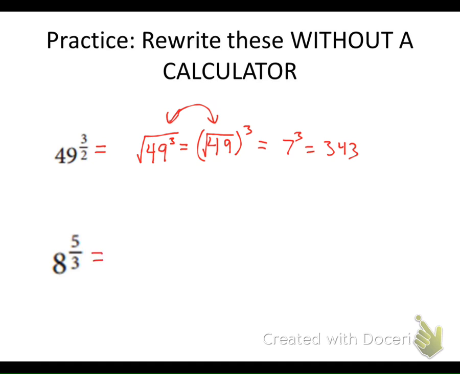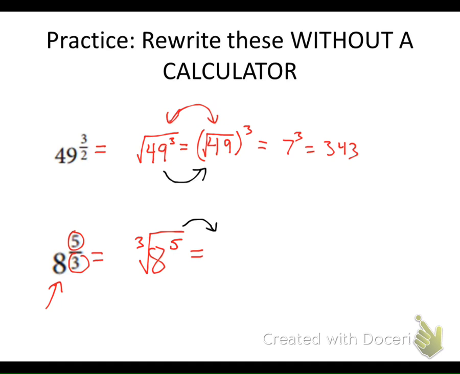Now, let's try this next one. We're going to use the same idea. I know that it's going to be 8 raised to the 5th power, because that's the numerator of our fraction, and that whole thing will have an index of whatever the denominator is, which is 3. Now, I could take 8 to the 5th and then cube root it, and I could do all that in the calculator. Heck, I could put this into my calculator if I wanted to. But just to change it to a problem where we don't have to use a calculator, I'm going to rewrite this the same way we did it in the problem up here.